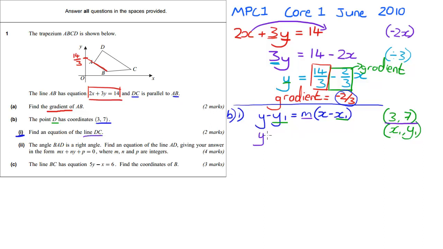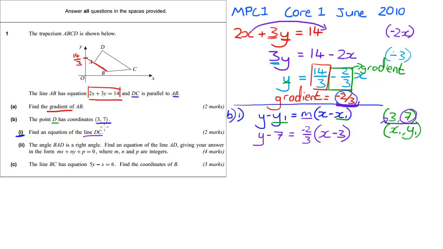Let's go y minus y1, which is 7 there. So y minus 7 equals our gradient, which is the same as what we found for AB because they're parallel. So minus 2 over 3 of x minus, and then x1 is 3 from here.